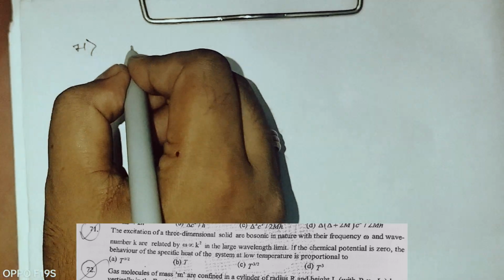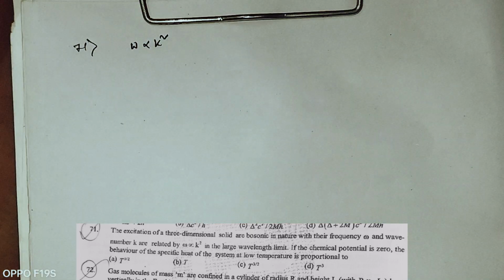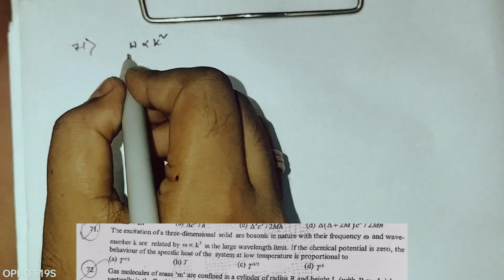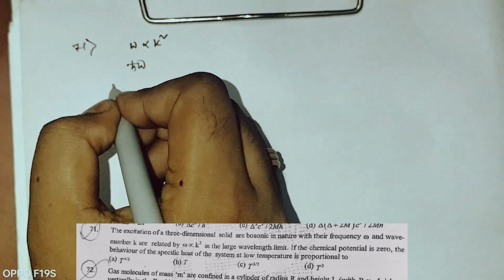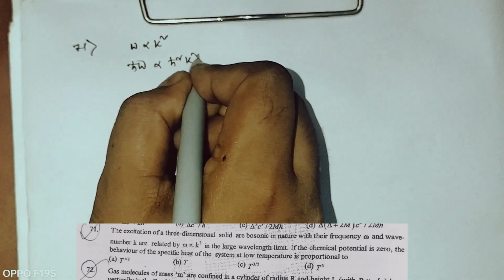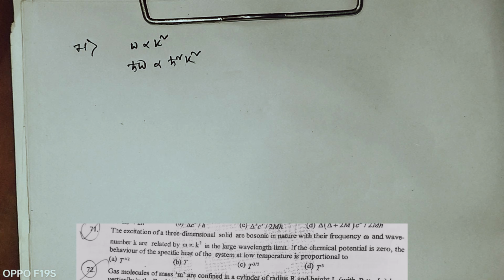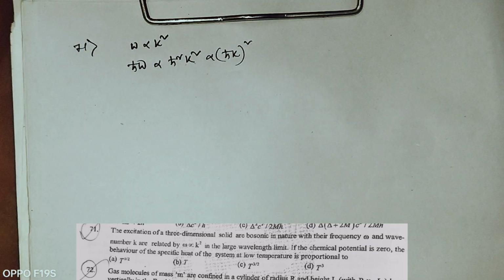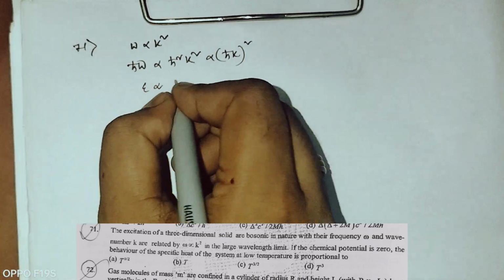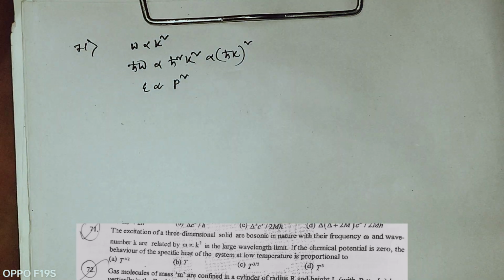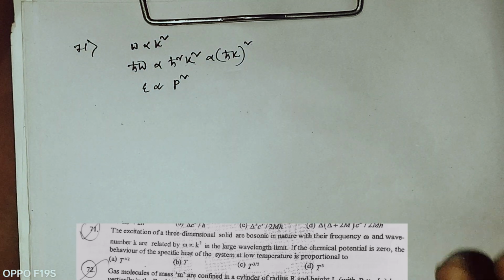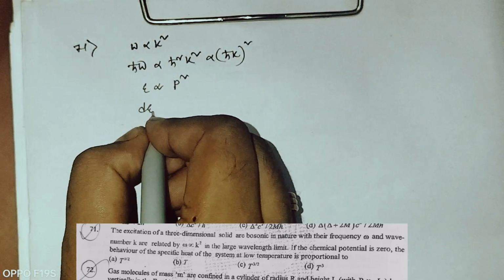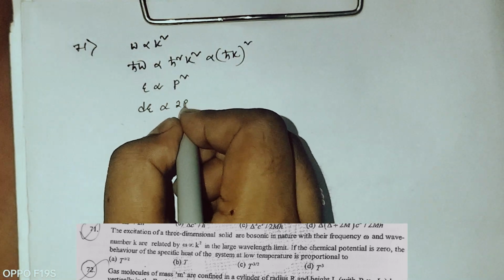So you are given omega varies as k square. So you can write h cut omega varies as h cut square k square, because h cut is constant. You can write it as h cut k whole square, and you know p equal to h cut k, so epsilon varies as p square. And you can write d epsilon varies as 2p dp.